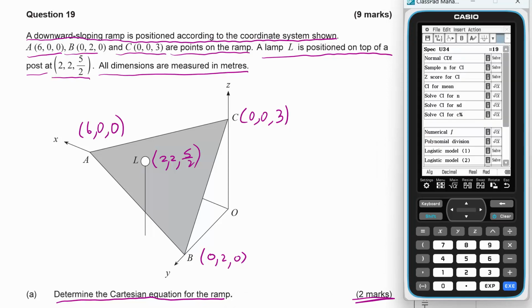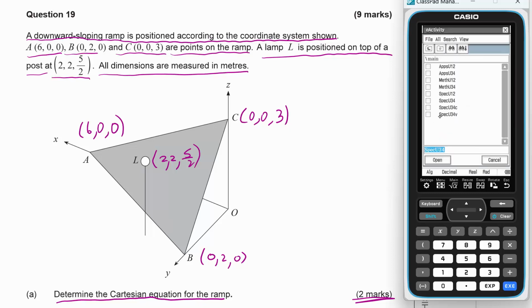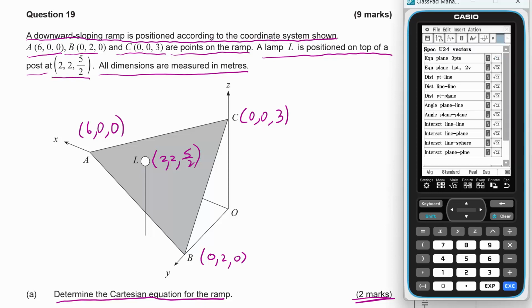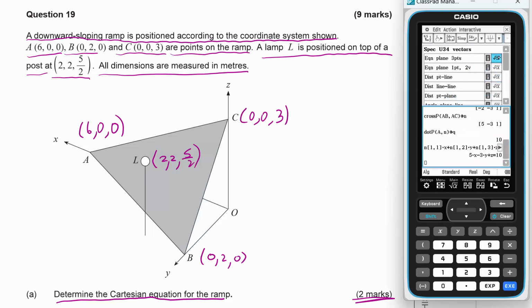So we want to be in the Unit 3 for vectors, and equation of plane given 3 points looks like the one that we want to use.